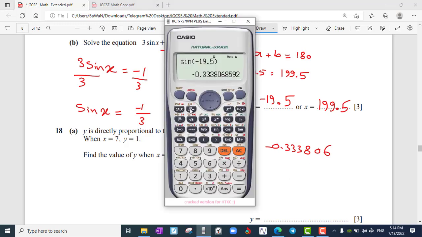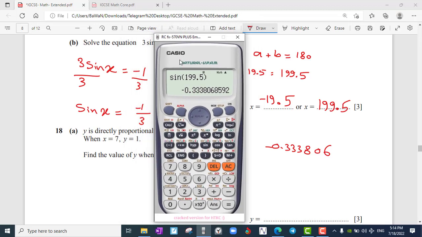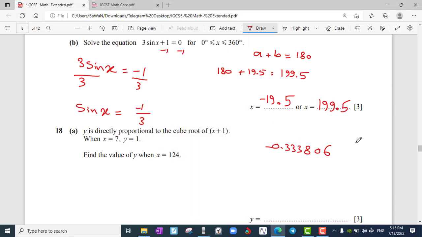Let's check sine 199.5. It is the same. Look, -0.33380685 and the rest, it's the same. That's why we have two possible answers. And for sine, these two answers must add up to 180.